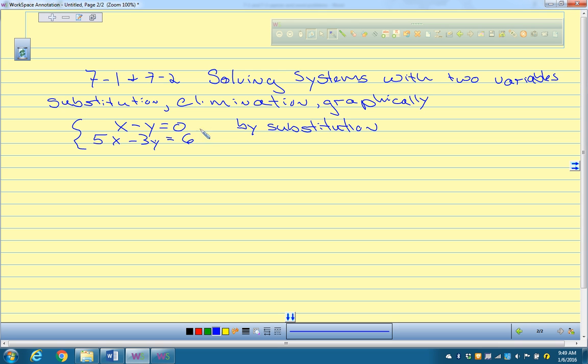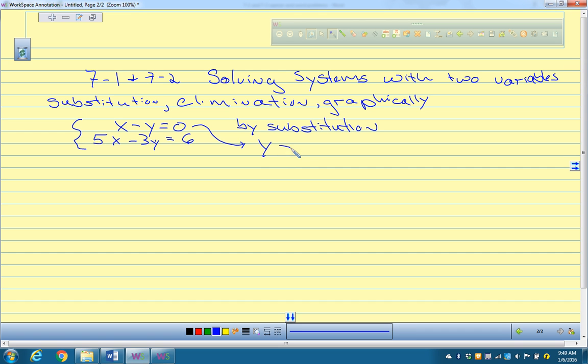How could I change this equation into something where I could use substitution? What are you going to tell me, Tyler? Will you solve for y on the first one? Yeah, you could say that y equals what?